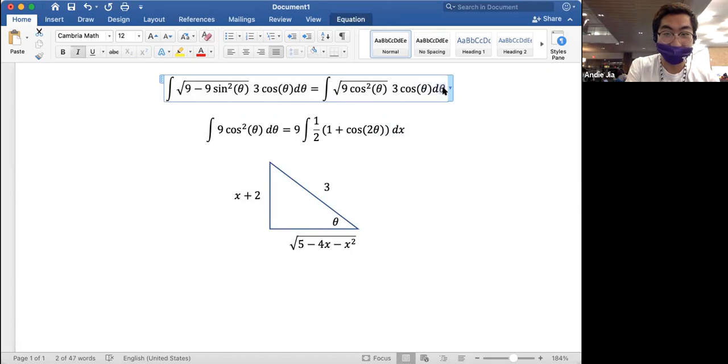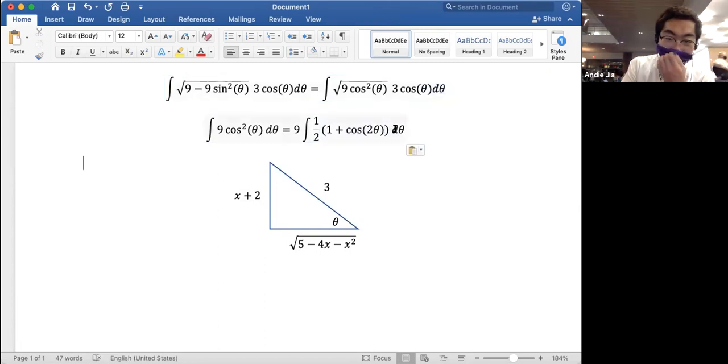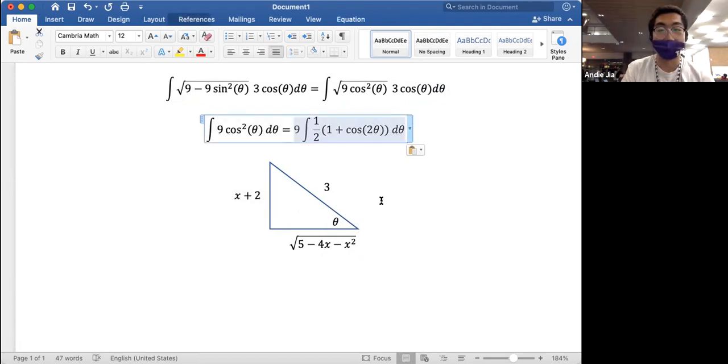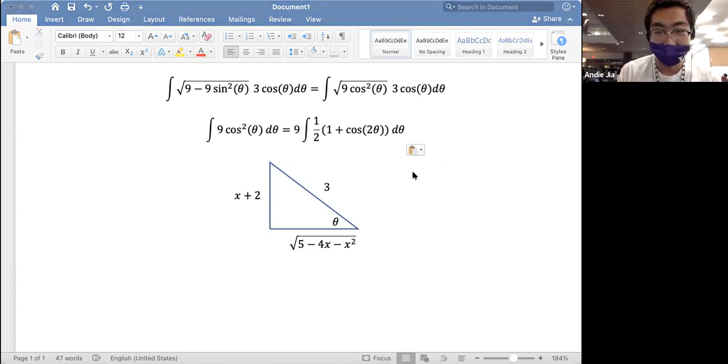So this will be arc sine of (x plus 2) over 3, plus c. That's going to be the whole thing after solving that bunch of mess. So does that make sense to you? Are we good to move on to the next problem?